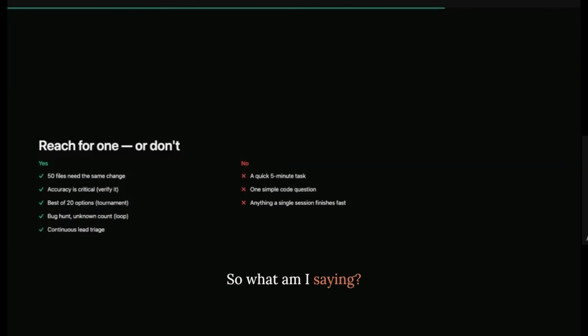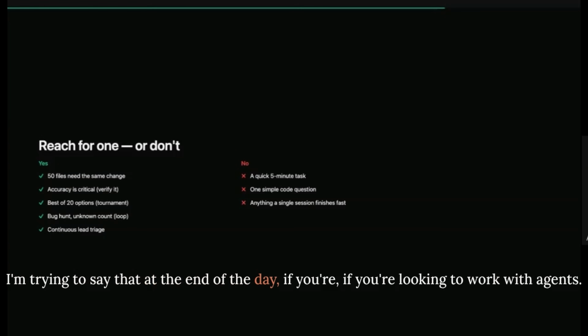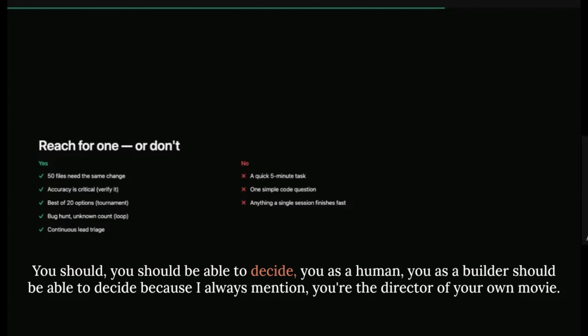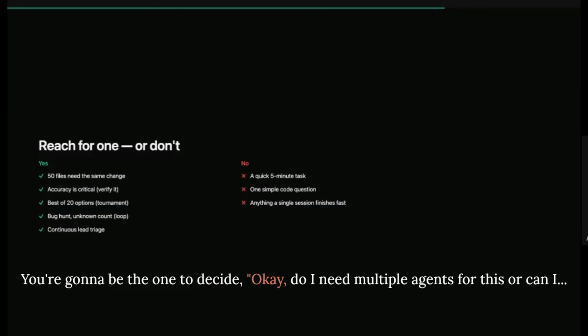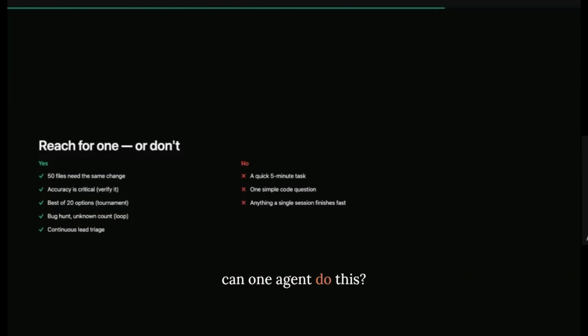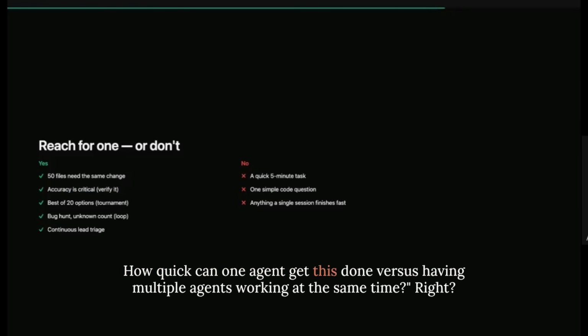So what am I saying? I'm trying to say that at the end of the day, if you're looking to work with agents, you should be able to decide. You as a human, you as a builder, should be able to decide, because I always mention you're the director of your own movie. You're going to be the one to decide, okay, do I need multiple agents for this? Or can one agent do this? How quick can one agent get this done versus having multiple agents working at the same time, right?